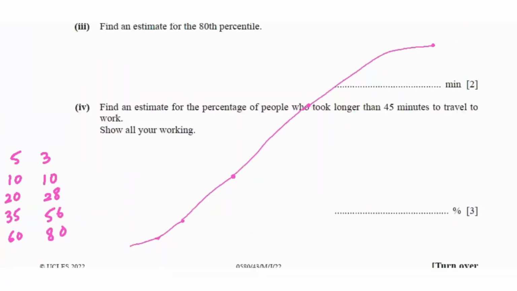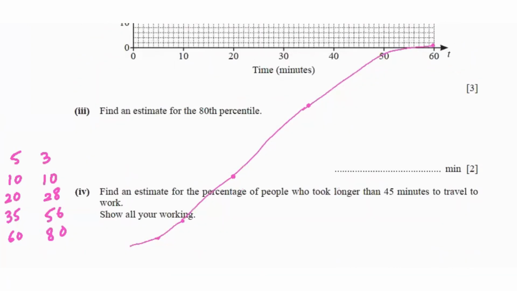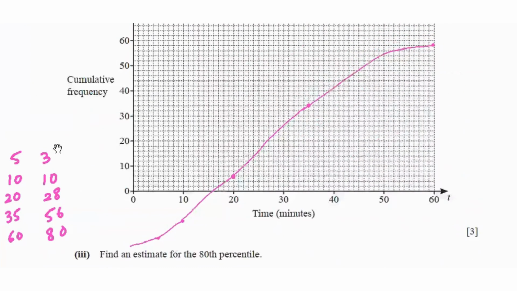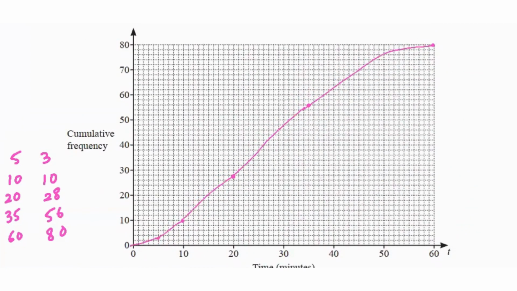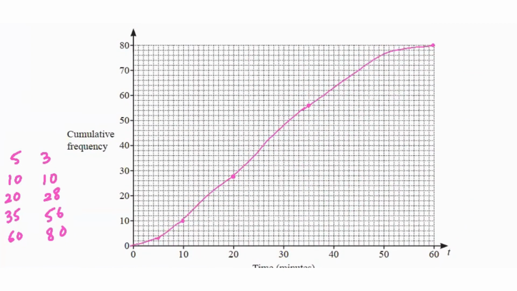It says find an estimate for the 80th percentile. So the 80th percentile is going to be 80 over 100 times 80, which is going to give us 64.